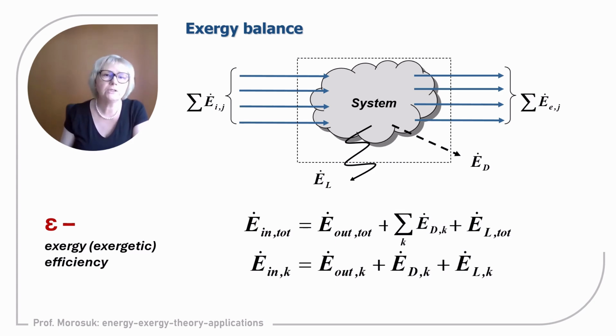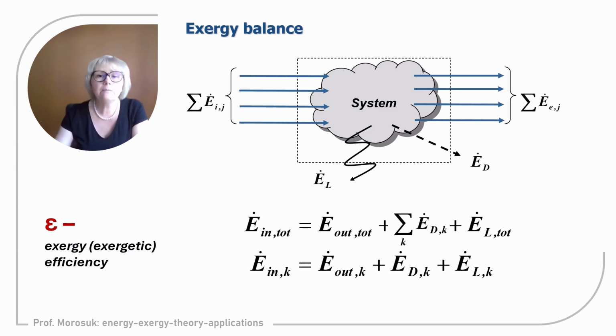So at present, we will deal only with exergy streams coming in and going out. The difference, as we already know, is the term of exergy destruction associated with irreversibilities, and also we have the term exergy losses that we just discussed.